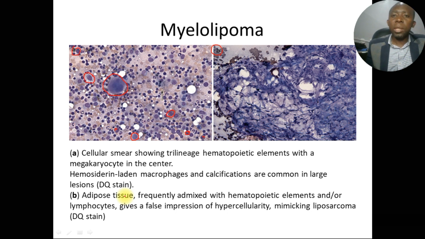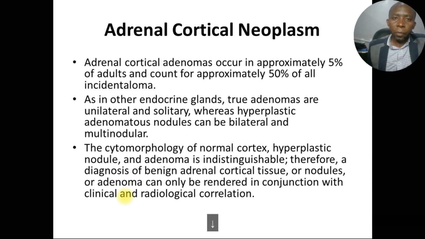So we need to take keen interest so that we can differentiate between a myelolipoma and a liposarcoma. In the liposarcoma we shall see a lot of cellular atypia, consistent with malignant features, which may not be the case with the myelolipoma, which is a benign tumor.